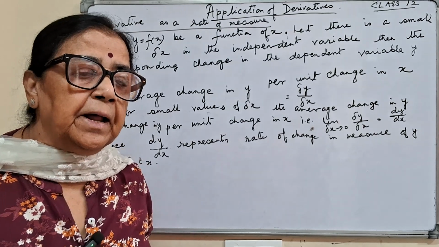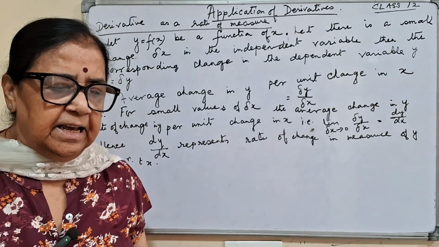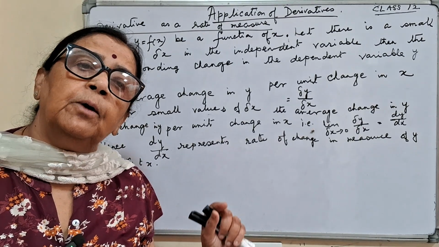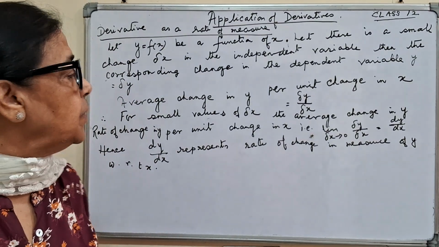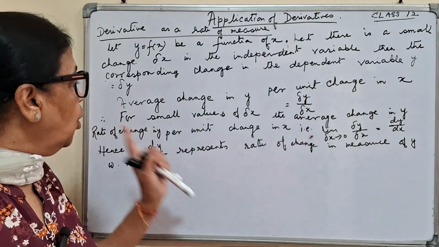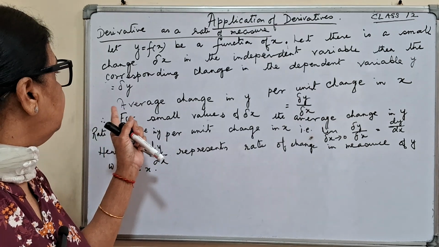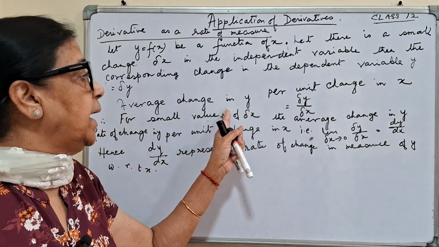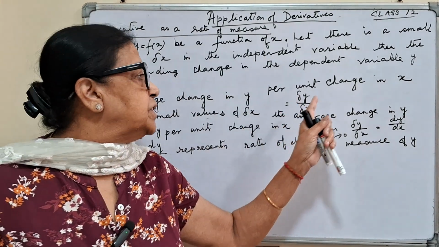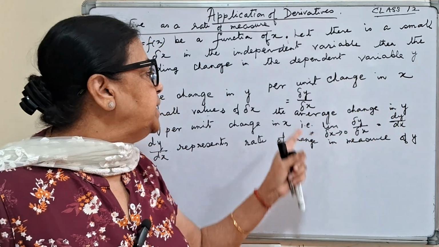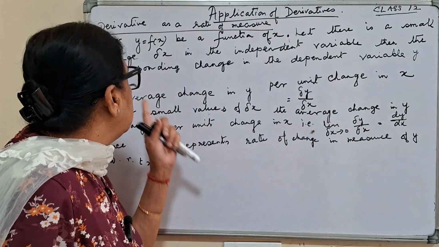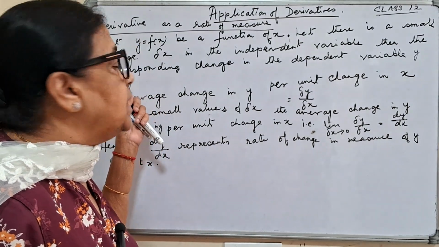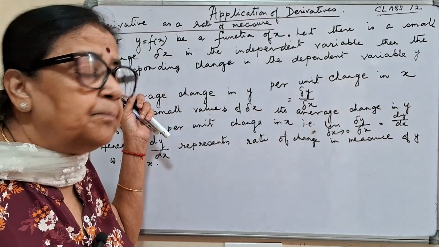As x increases, y will also increase. I'll give you the example later. So, for small values, the average change in y per unit change in x will be delta y by delta x, because delta y is the increase in the dependent variable.